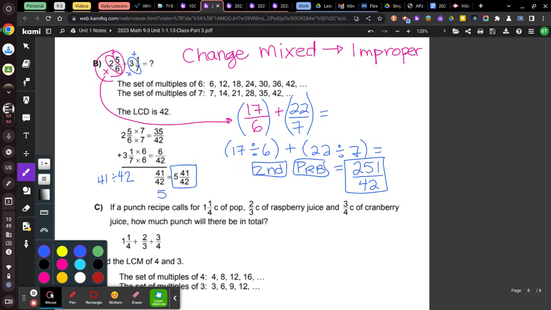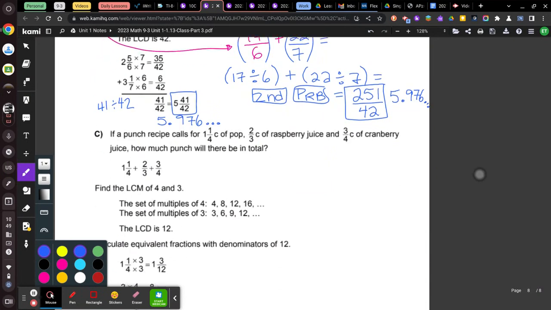So this is 5.976, and it runs on forever. If I do the other one and I divide them, you're going to get the exact same number, 5.976, etc. So convert it to decimals to make sure that the decimals match. That means you did the question right. Okay? If your decimals match, you did the question correctly.